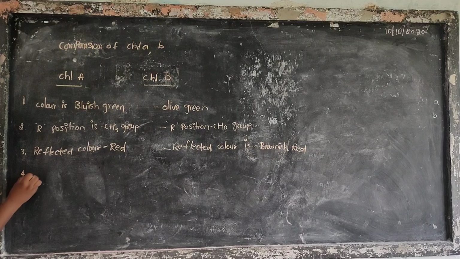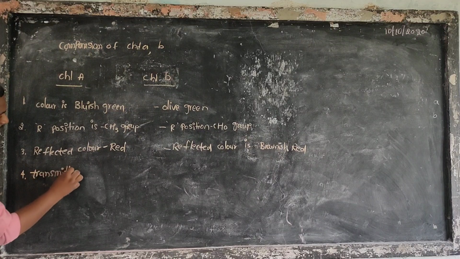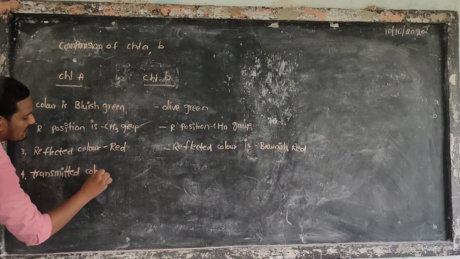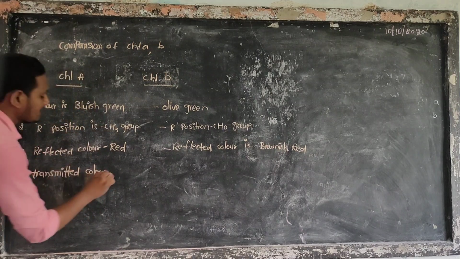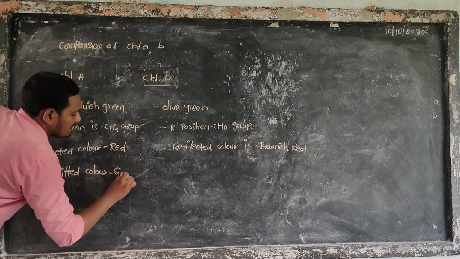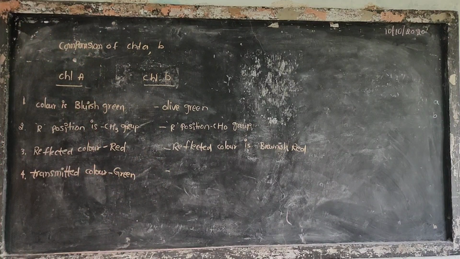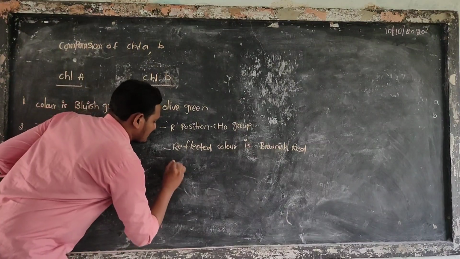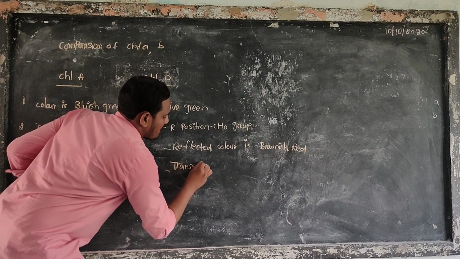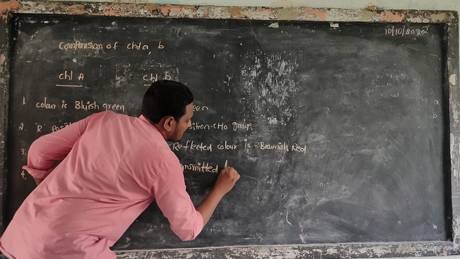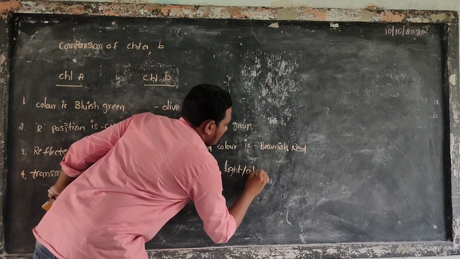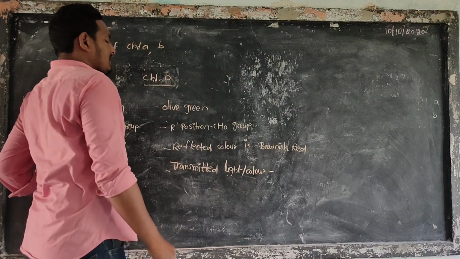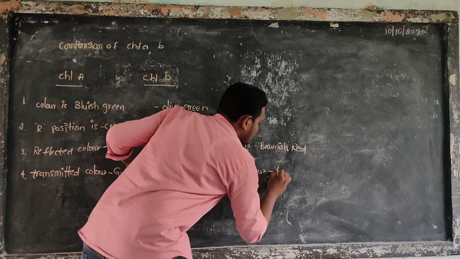And transmitted color: for chlorophyll A, the transmitted light is green. For chlorophyll B, the transmitted light or color is yellowish green.